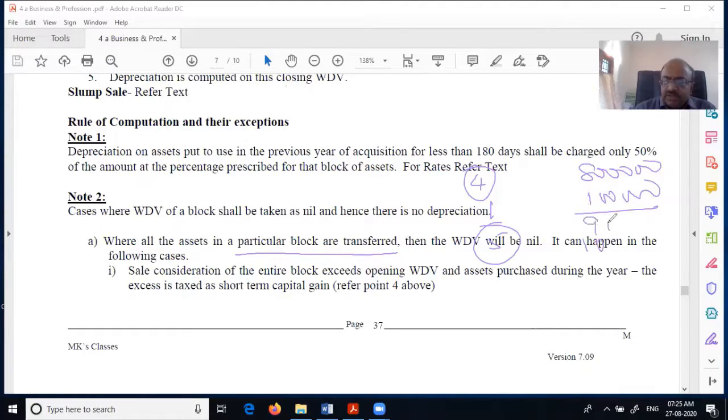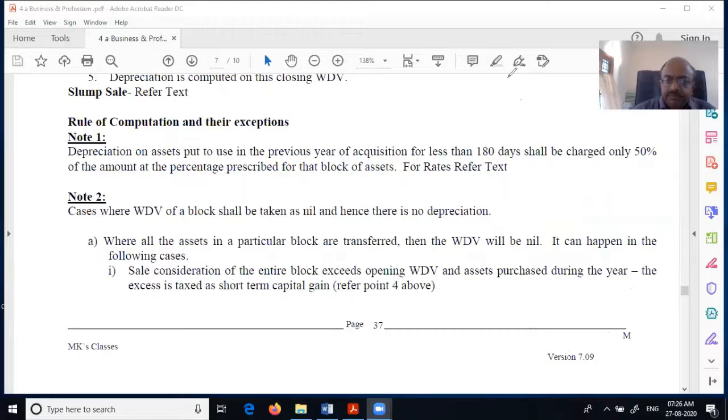This is 9 lakhs. We sold it for 10 lakhs. Therefore, there is a minus 1 lakh, that is, you got a surplus. Therefore, your block becomes nil. There is no depreciation, and this 1 lakh surplus will be taxed as short-term capital gain. Number one, there is no depreciation because this block has gone. The entire block is gone. No asset in that. Okay, that is one situation.